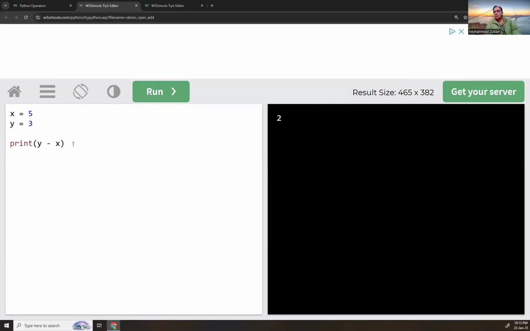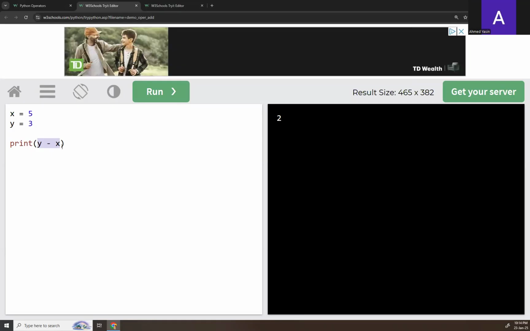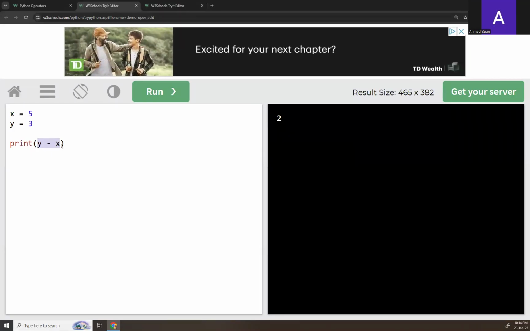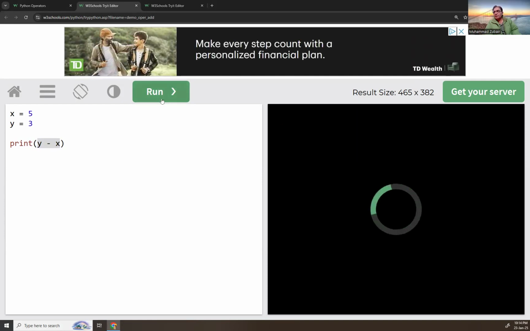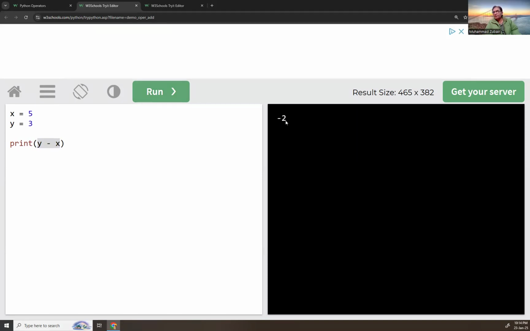Y minus x is 3 minus 5. It's supposed to make 2 because 3 doesn't have enough power to defeat 5, so it's going to be left with 2. Okay, let's run it and see what happens. Negative 2, yes, negative 2.